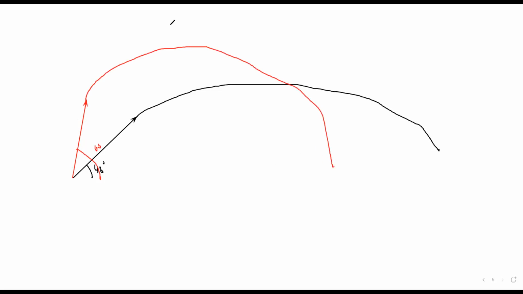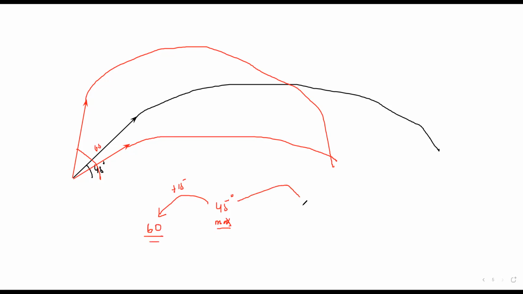In the same way, if we make it 30, at 30 also the range will be the same as the range at 60. So basically at 45, the range will be maximum. If we add 15 more, 45 plus 15, that makes 60.